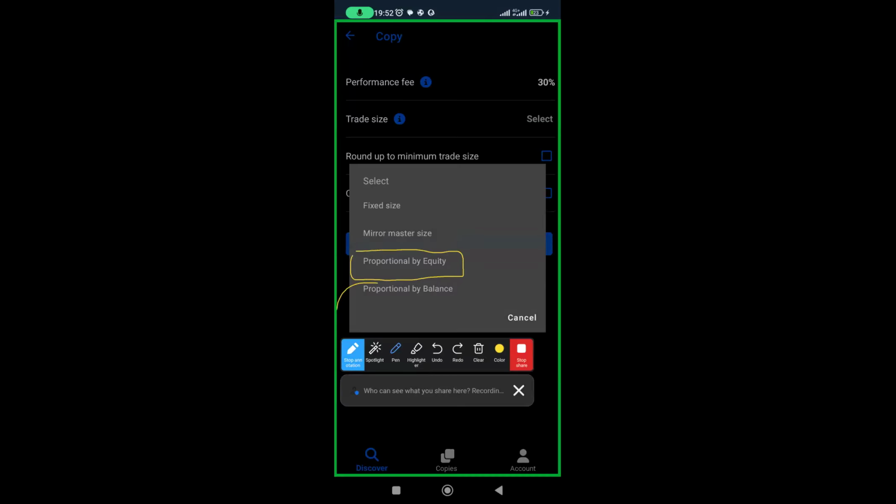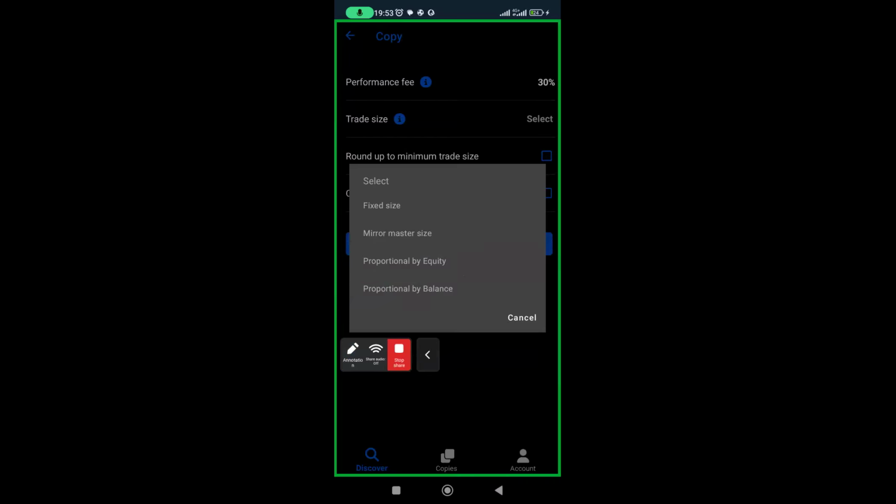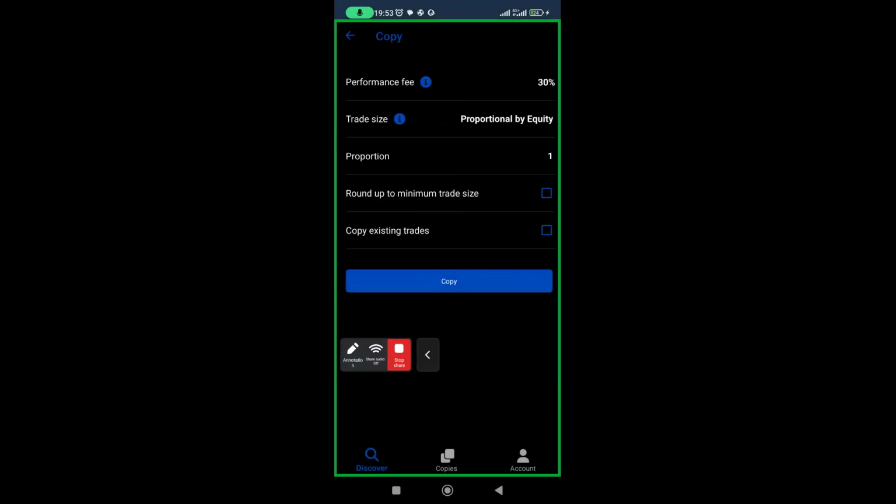So for example, if I am copying this guy with $1,000 and this guy has $10,000 on his account, if this guy is picking a trade, let's say with 0.10 on his account, on my account it will be picking a trade with 0.01. It will be picking in proportion to my own capital so that it won't be so risky on my account. But like I said, your account manager knows better. Consult your account manager before you do this setting. So I'm clicking on proportional by equity.